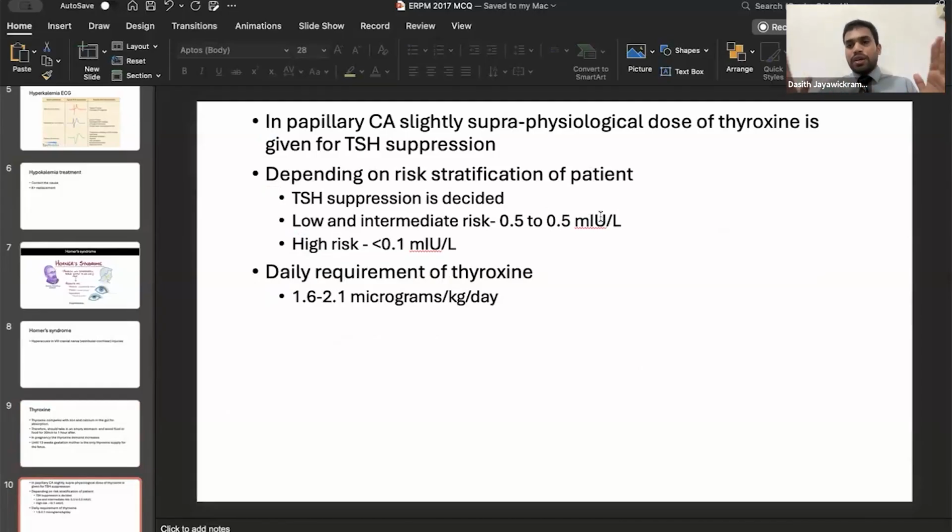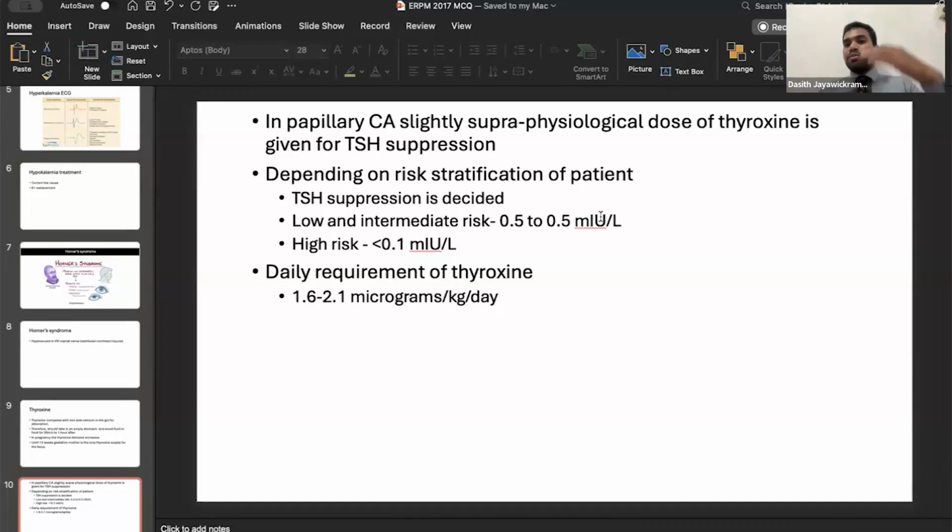That is the range of physiological thyroxine need in our body, depending on body weight. So we give a slightly higher, supraphysiological dose. What is that given for? To stop the pituitary gland from secreting TSH.